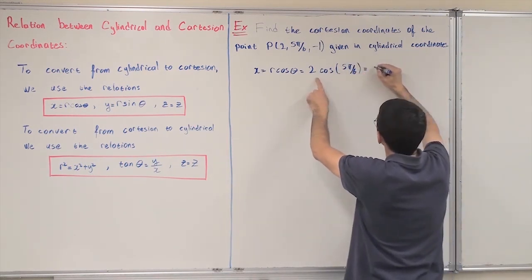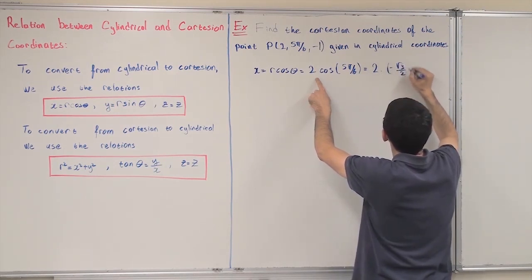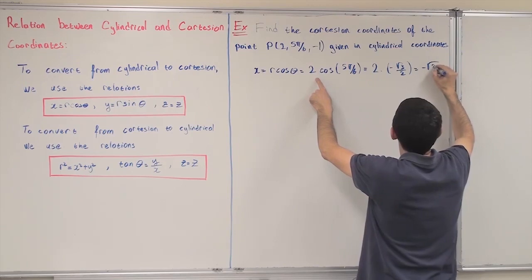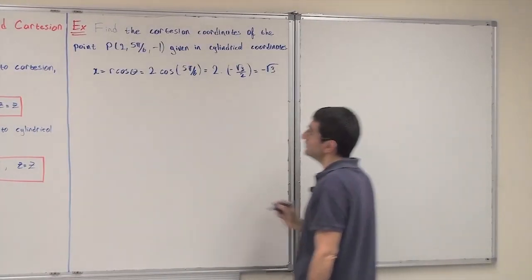So the value of x is equal to 2 times -√3 over 2. So the x coordinate is equal to -√3.